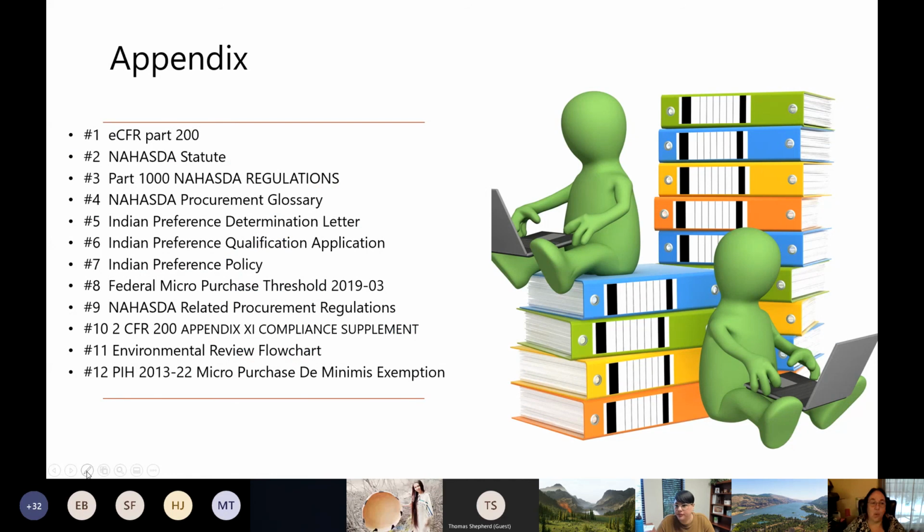As I said, there's quite a few items within the appendix documents. There's an environmental review flow chart. Don't do anything without making sure your environmentals are done, or you'll get spanked. The micro purchase threshold, when that got raised in 2019, you've got the guidance in there.